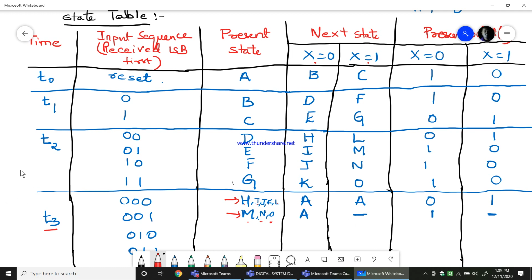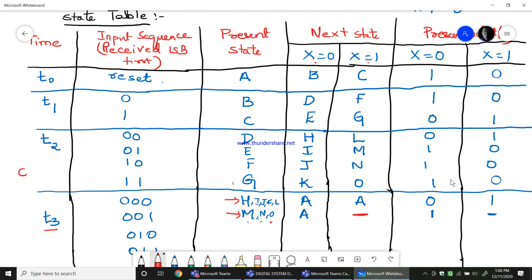When carry generates, we don't know for which state this MNO will go. Therefore, I will say I don't know. Unknown means it is dash, meaning it will not go back to A state when carry generates.